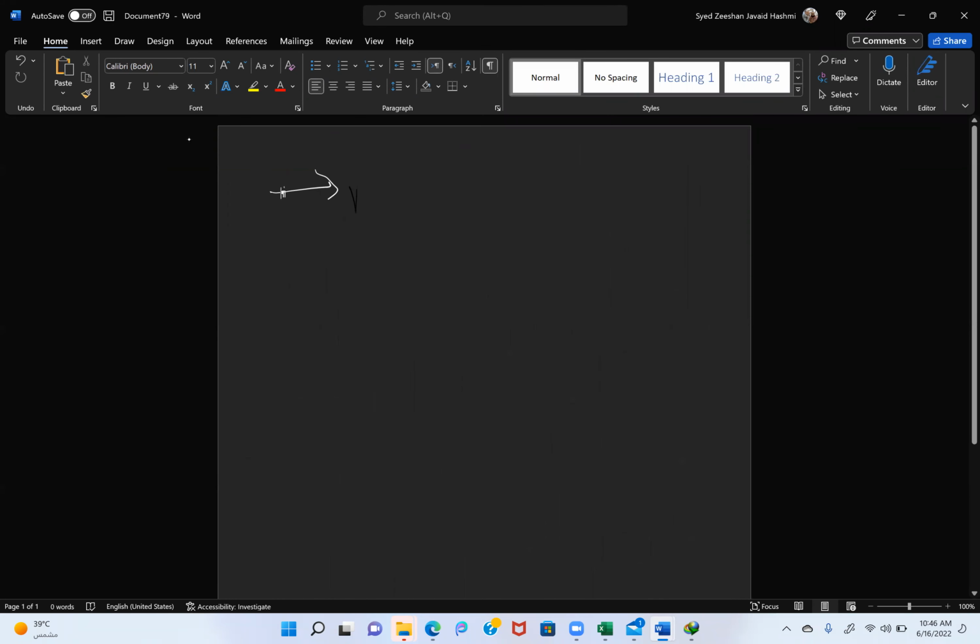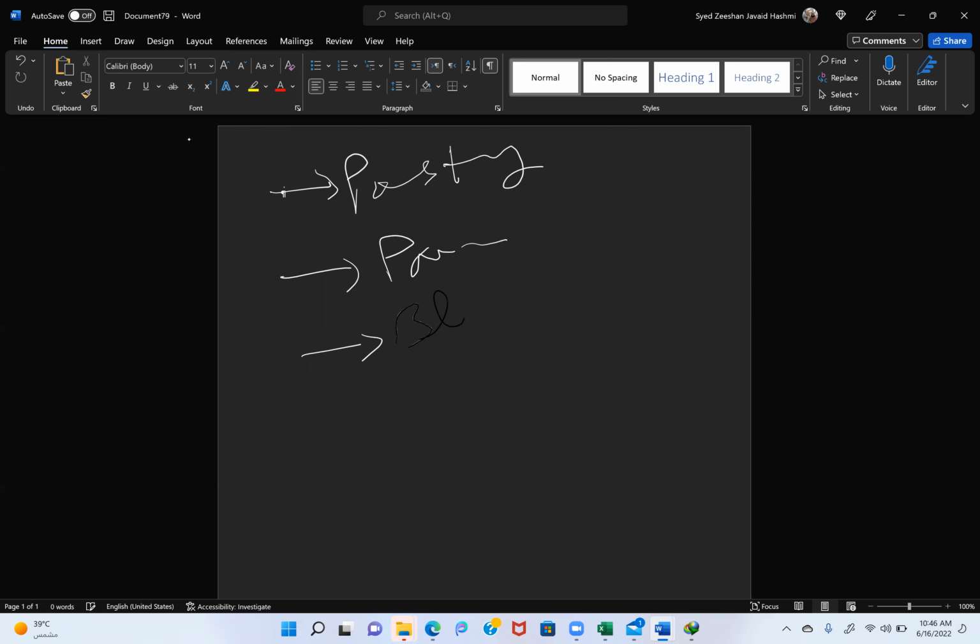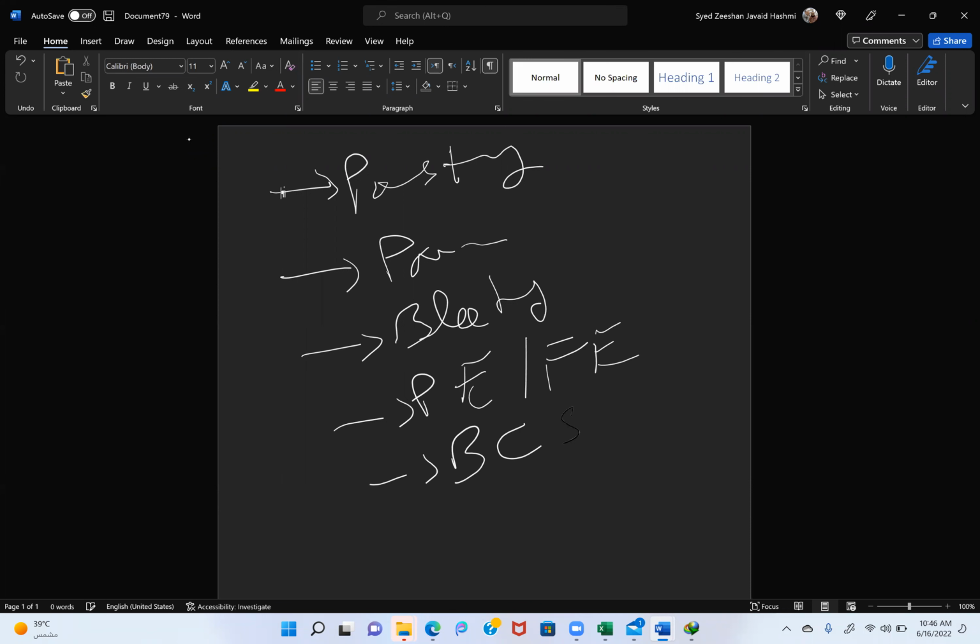And of course, positioning. This is in the sitting position usually. Pain, bleeding, pulmonary embolism or fat embolism, bone cement syndrome, tourniquet, and choice of anesthesia, analgesia.